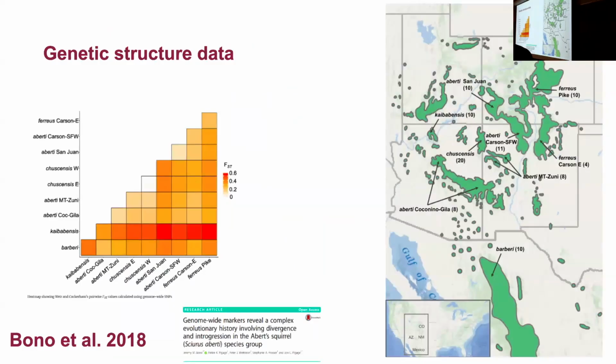This is the original data I use. I didn't compute it. I just read and grabbed something that works for my theory. In this case, I use data from Bono et al. They calculated the fixation index along 9 populations, and it's curious because this one is here.